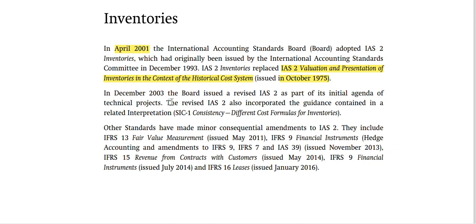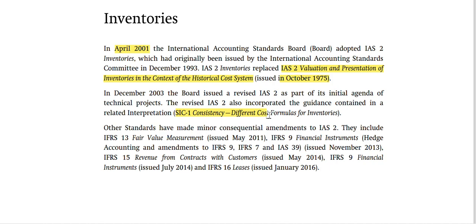In December 2003, the Board issued a revised International Accounting Standard 2 as part of its agenda of improvements projects. The revised International Accounting Standard 2 also incorporated the guidance contained in the related interpretation, which is SIC 1, Consistency: Different Cost Formulas for Inventories.